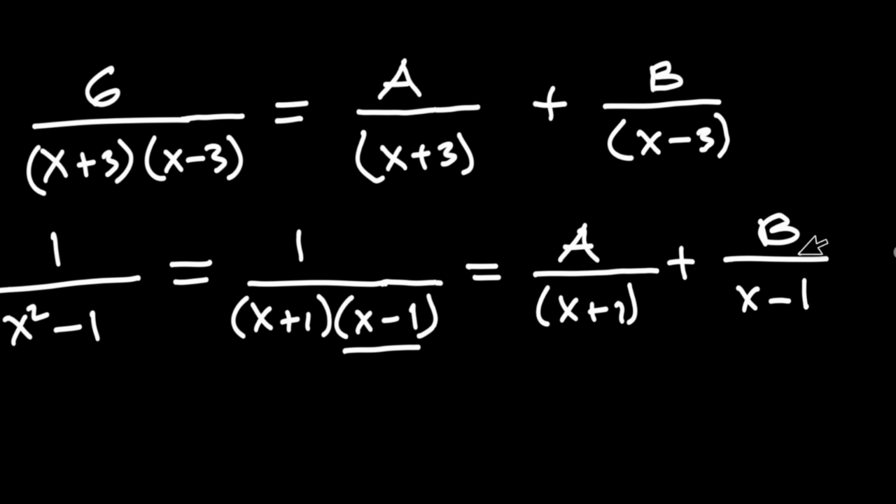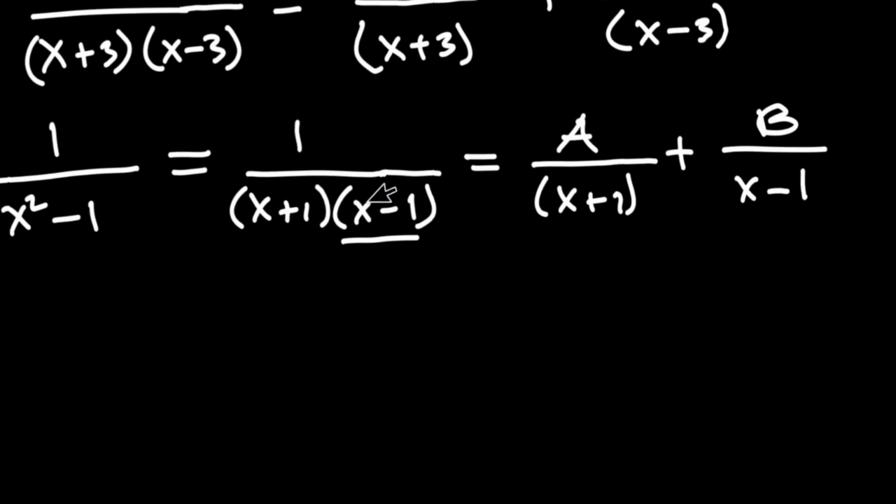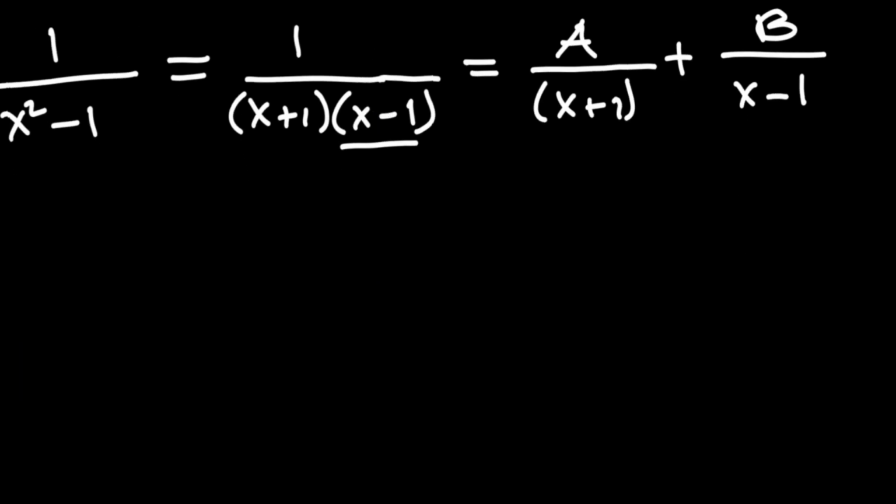So you notice that whenever we are given any fraction, and on the denominator side, if we have a quadratic which is factorable, then it means that you have to break it down before you resolve it into partial form. Now, another example, let me move this one to the top first before we look at that example.